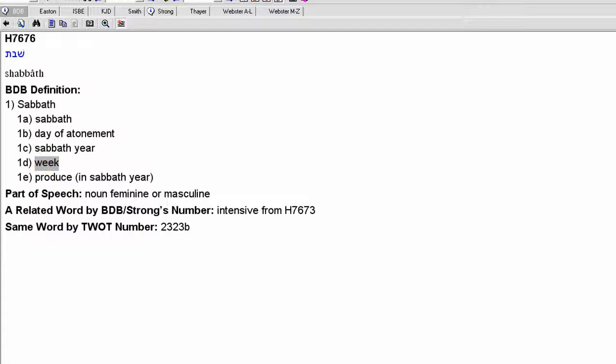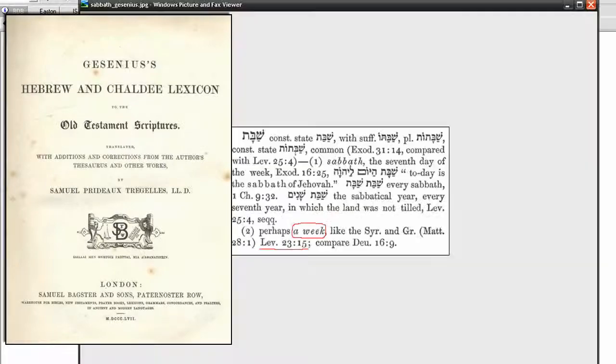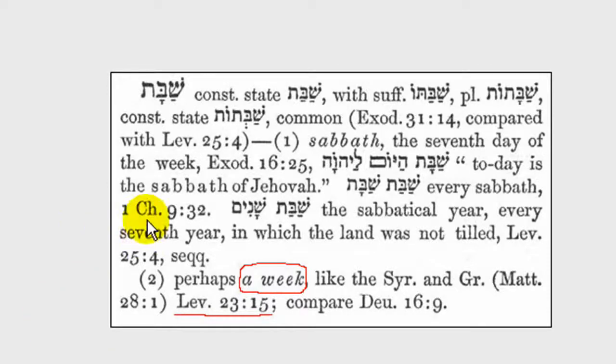I'll provide another witness for this from Gesenius' Hebrew and Chaldee lexicon, which is a highly regarded lexicon. Let's look at the definition from Gesenius. The first definition it gives you is Sabbath, the 7th day of the week.